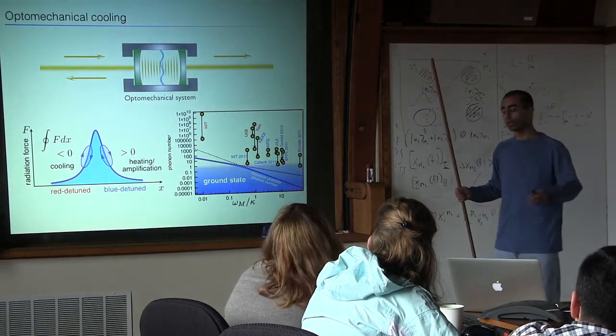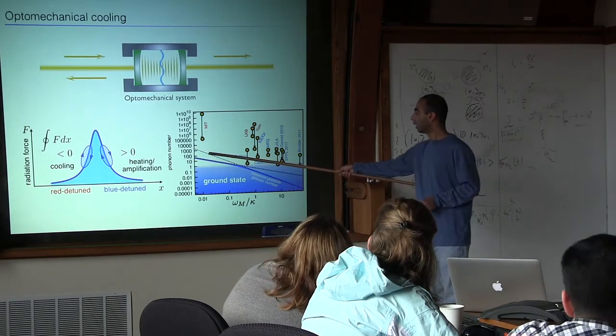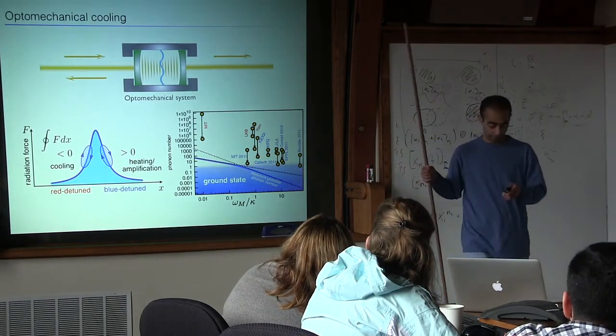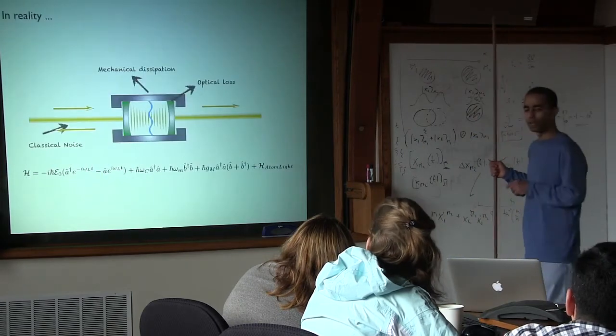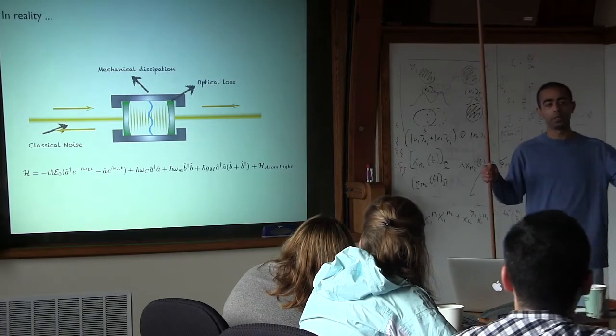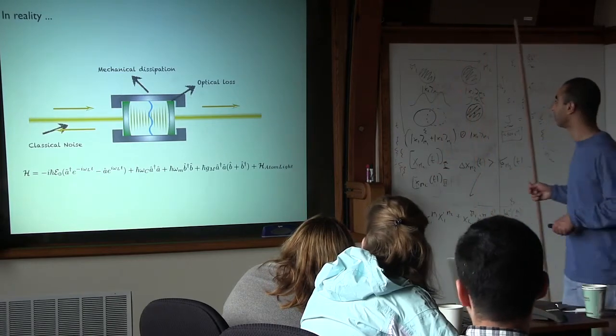Whereas in the unresolved sideband limit, there's a slightly different limit, and those are these two ones. I'm assuming this has been covered before, the limits of optomechanical cooling in the unresolved and resolved sideband.